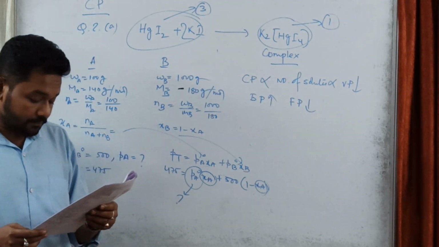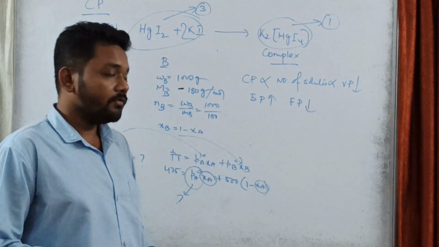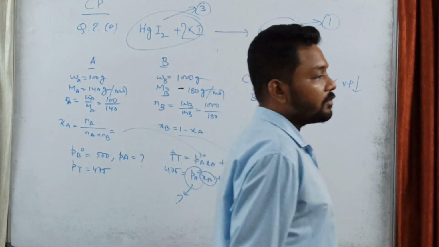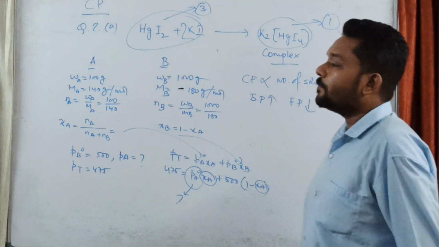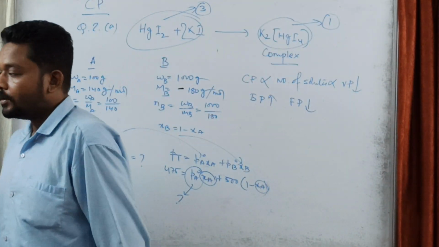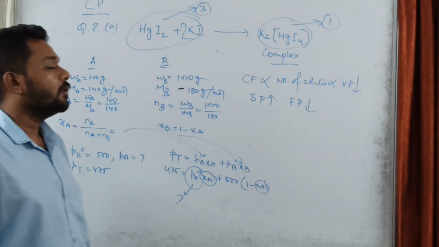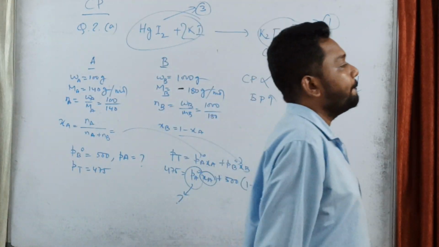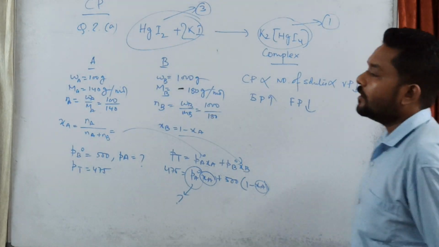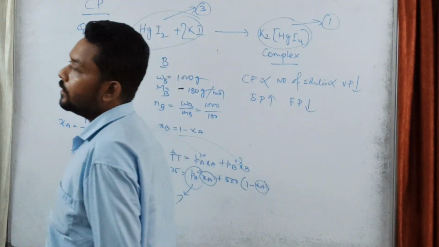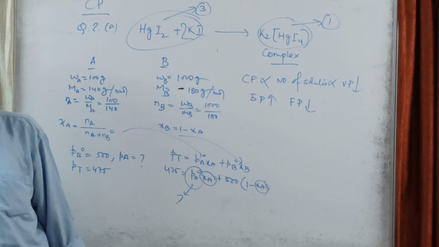So write down, very easy, 2D: first write NaCl arrow Na+ + Cl-. Then write down, NaCl is an electrolyte.